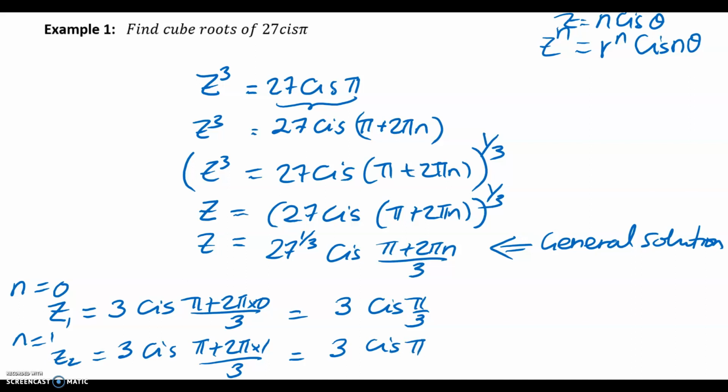Now you can substitute n equals 2, or you can substitute n equals -1. So I'm going to do both and show you how they give you the same answer. Let's start with n equals -1. That works out to be 3 cis negative pi over 3.